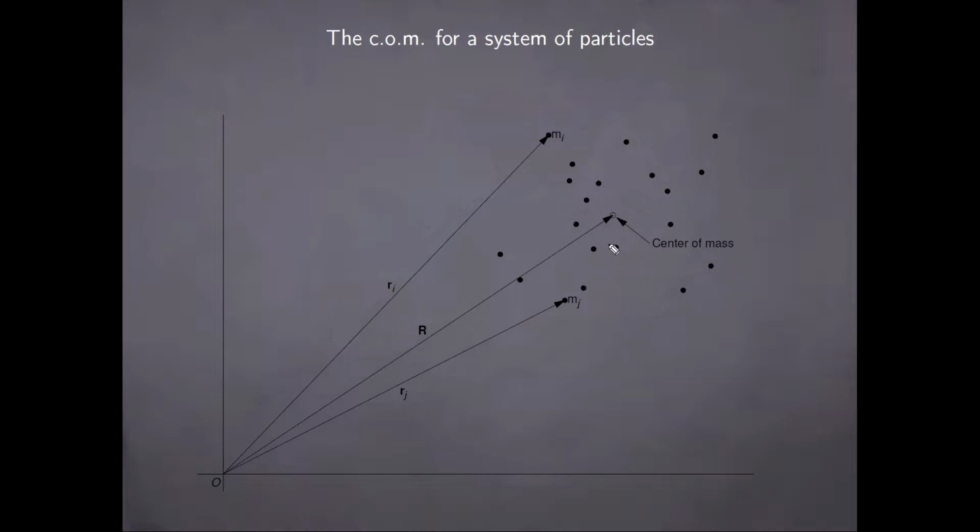In this particular case, the center of mass corresponds to the imaginary point here, denoted by an empty circle and having the radius vector capital R. So this is the point that is going to move as if the entire mass of the system were concentrated at it and the entire external force was being applied to it.